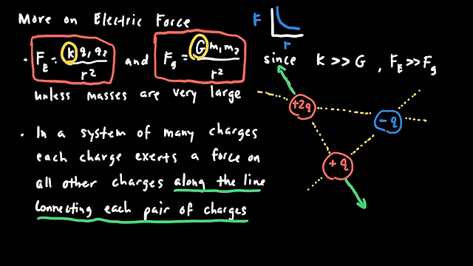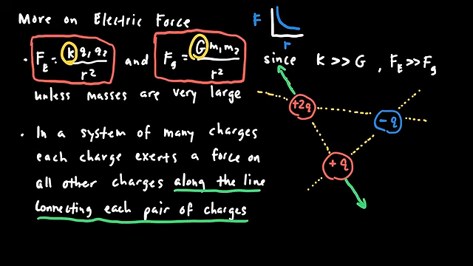And notice how I draw arrows of equal length even though they have different amounts of charge. That's because the electric force exerted between those two charges will be equal and opposite on either one of those charges. Now if I look at the plus 2q charge and the minus q charge, those two charges are opposite, and so they will attract one another.